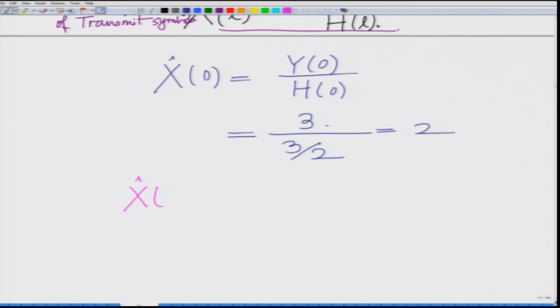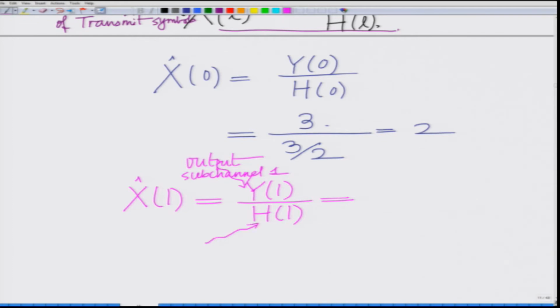Capital X hat of 1 equals capital Y 1 divided by capital H 1. To remind you, capital Y 1 is the output across sub channel 1 in the frequency domain, and this is the channel coefficient for sub channel 1.